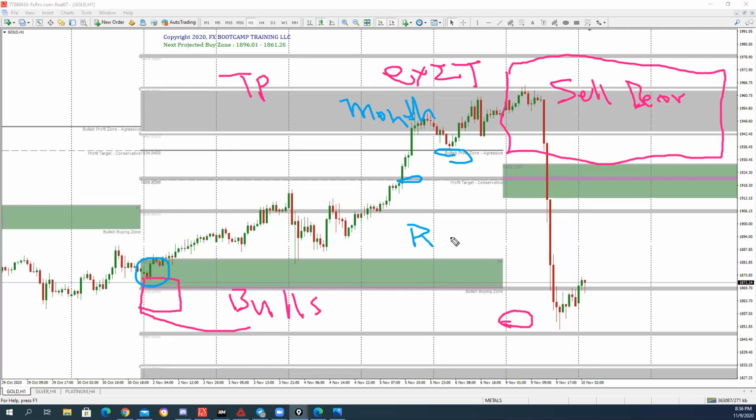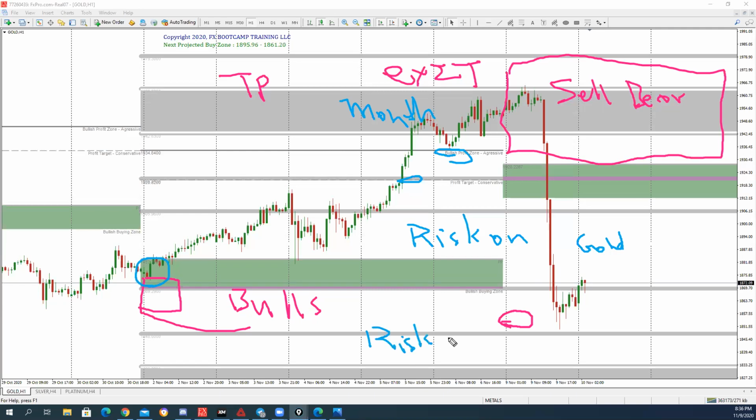The risk on would mean gold weakness, which leads to gold weakness, not gold strength. Risk off, in most cases.